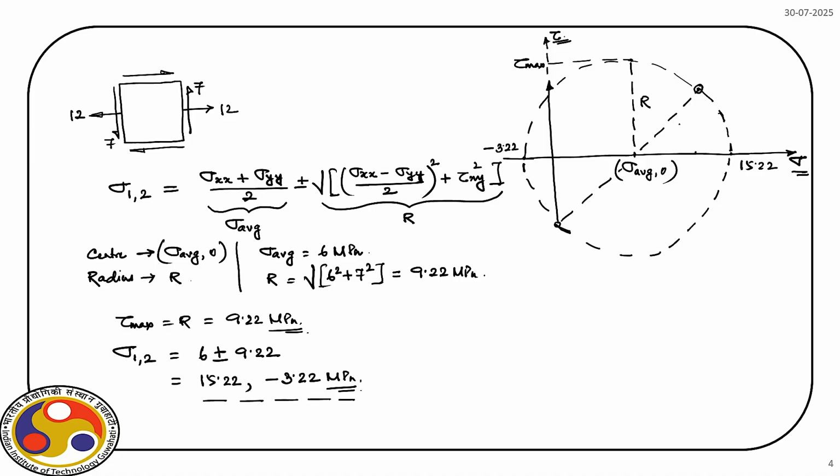This is the x face. So, this is our r, and with that we can draw the circle, but today because we have already estimated the principal stresses, with the help of that we can easily draw the Mohr circle.